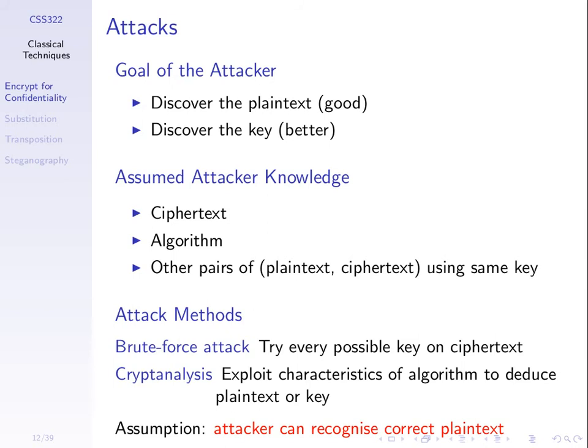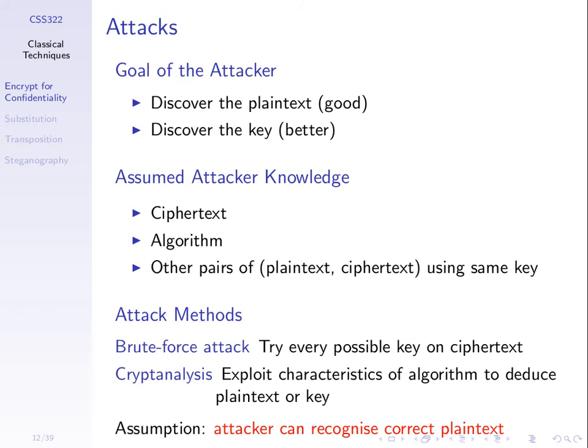Consider the algorithm, consider the structure of the ciphertext, and try and use those characteristics to work out what the plaintext or key is. So some analysis. And we've seen a quick example of brute force attack on Caesar cipher, just tried all 26 keys. We'll see an example of cryptanalysis shortly.